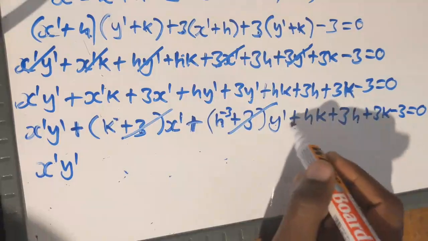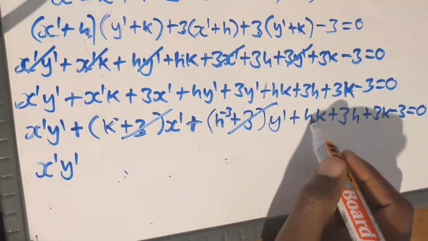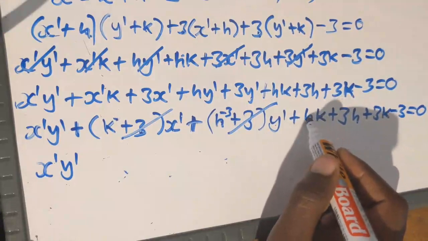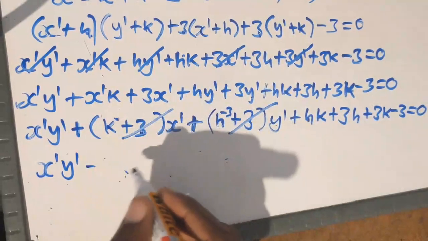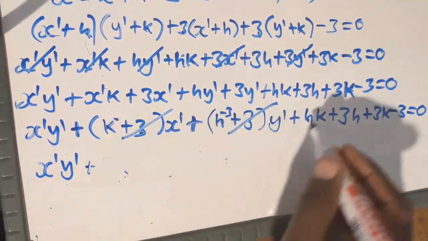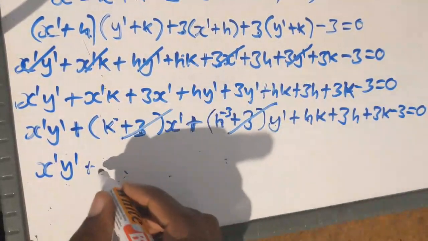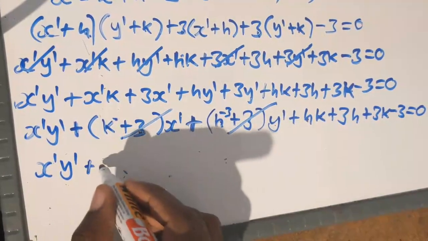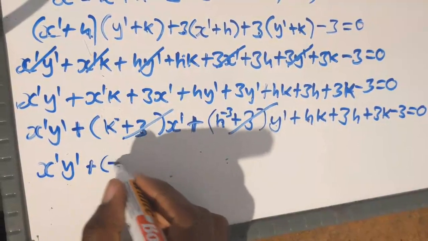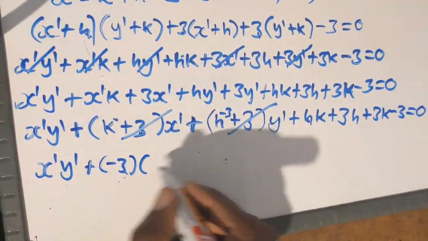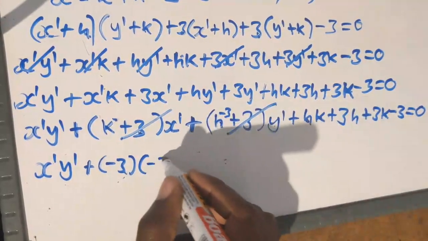So now you come here. This is h, right? When you put negative 3 here, it will be plus, we are here, negative 3, because h is negative 3, multiplied by k, negative 3.